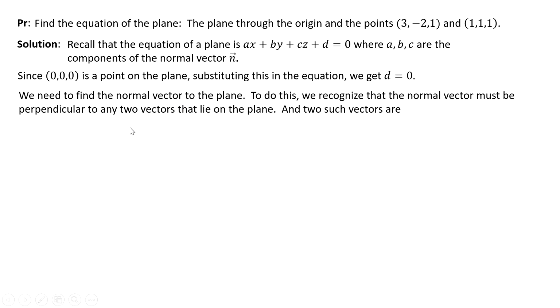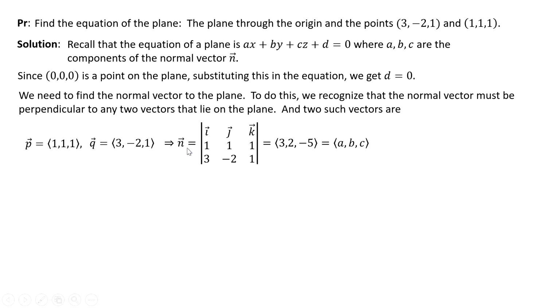To do this, we recognize that the normal vector must be perpendicular to any two vectors that lie on the plane, and two such vectors are P equals 1, 1, 1, and Q equals 3, negative 2, 1. I simply said 1, 1, 1 minus 0, 0, 0. That's how I got P. And I got the Q vector by taking 3, negative 2, 1 minus 0, 0, 0. Okay. And now taking the cross product of that, we get the normal vector.